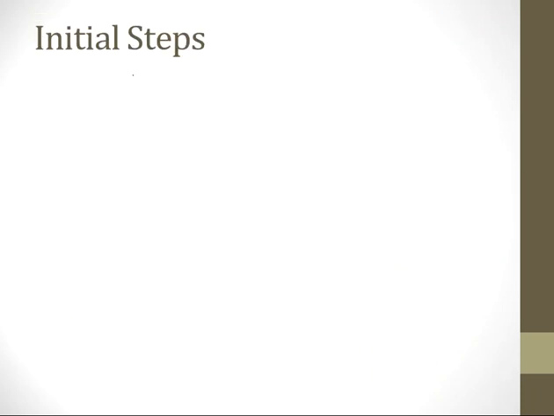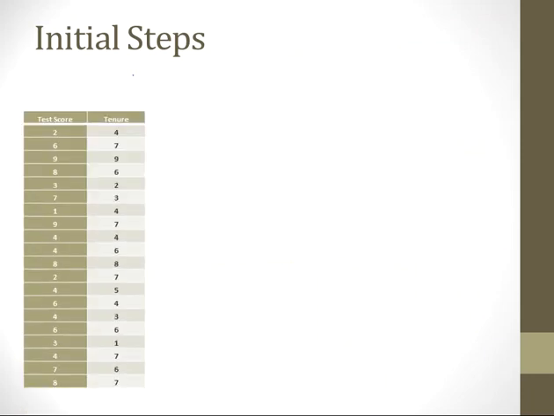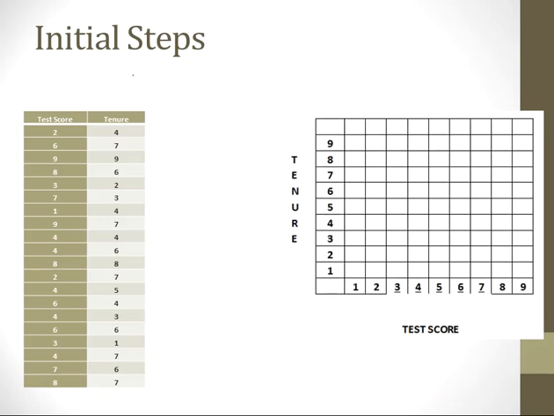So let's walk through the initial steps so you have an understanding of what you need to do, at least initially, to finish this project. We have test scores and tenure for all the applicants that we'll be hiring. We have the chart so that we can map out our correct and incorrect decisions.